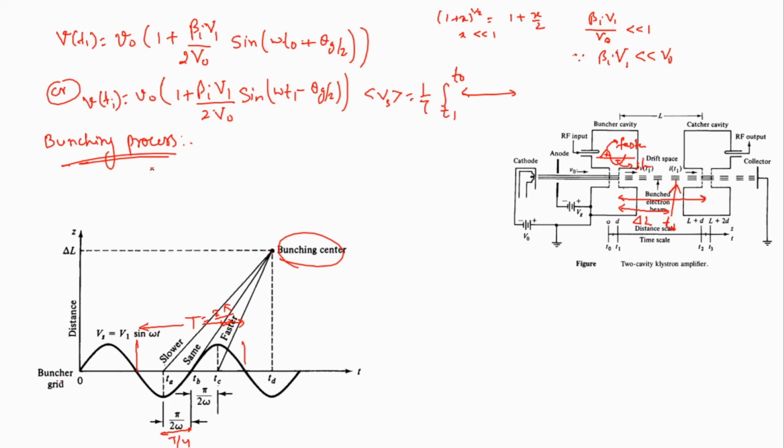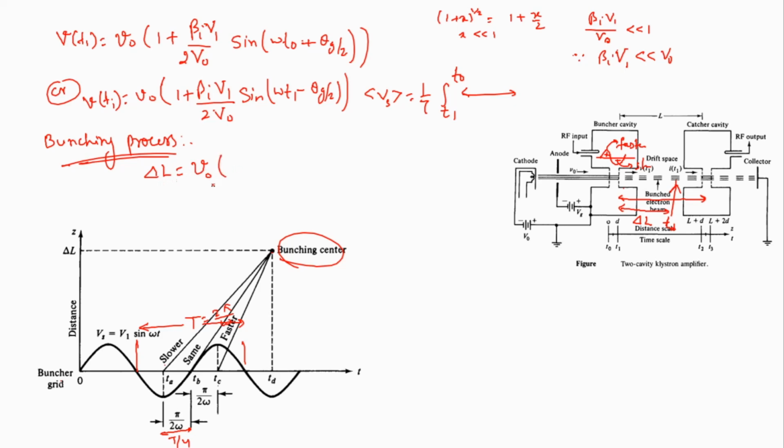Okay, so what should be the delta L for the unchanged velocity electron? We can see the velocity of this particular electron will be v0 because the velocity is unchanged. Now what should be the time? Because we know distance is equal to velocity into time.